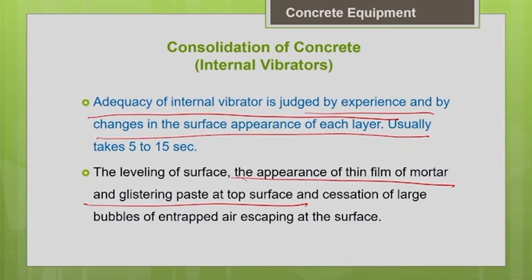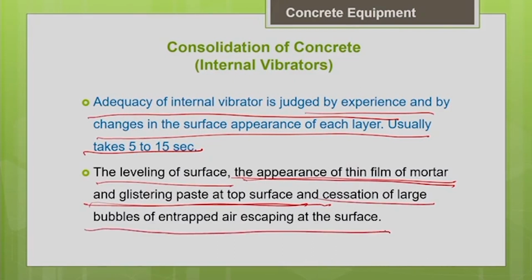Usually it takes 5 to 15 seconds. So leveling of the surface, appearance of the thin film of mortar and glistening paste at the top surface, and stoppage of large entrapped air bubbles escaping at the surface all indicate that your consolidation process is completed.